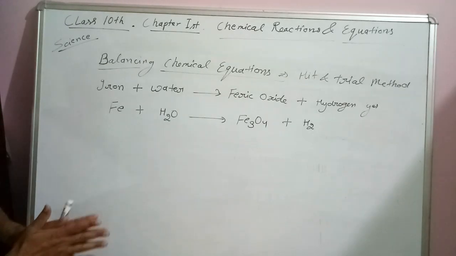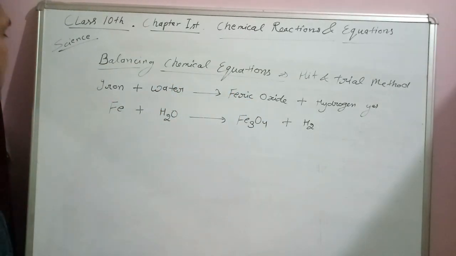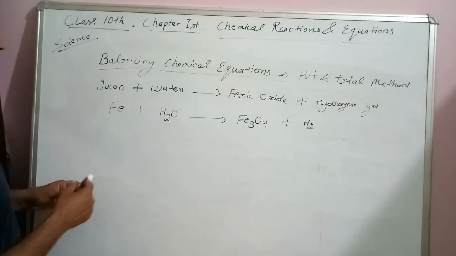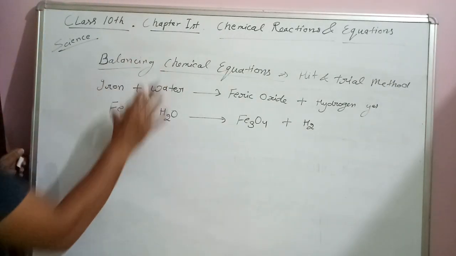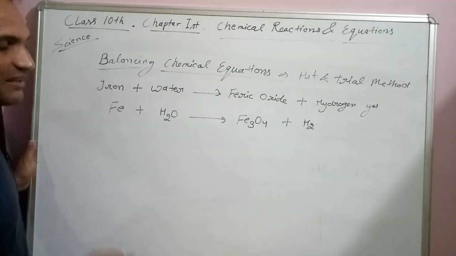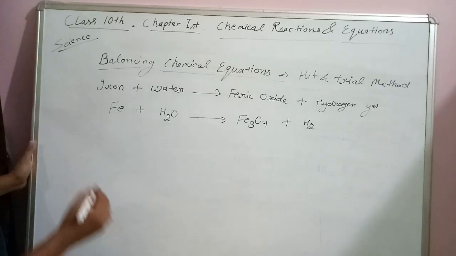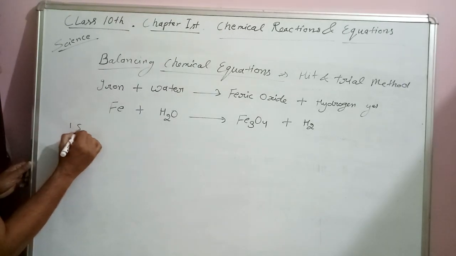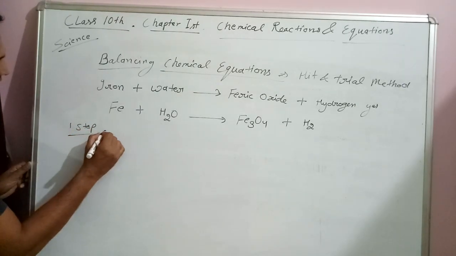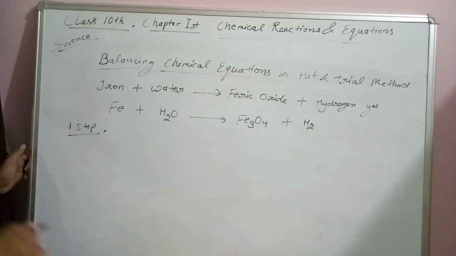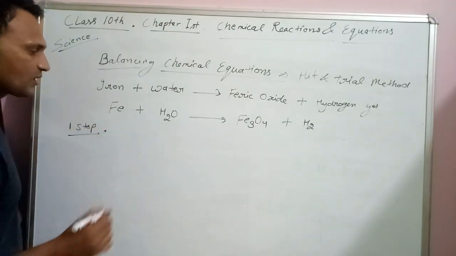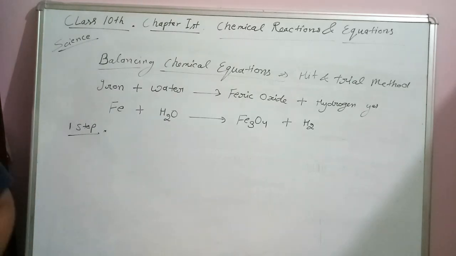Now how can we balance this reaction? Before checking whether it is balanced or unbalanced, we will follow the stepwise method for balancing the chemical equation. In the first step of balancing chemical equations by using the hit and trial method, we draw the boxes around each formula.